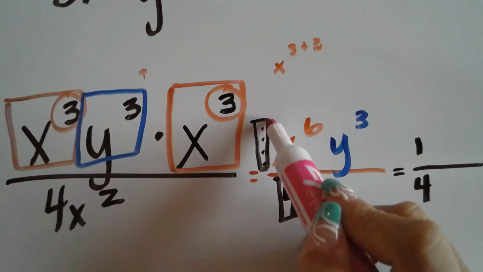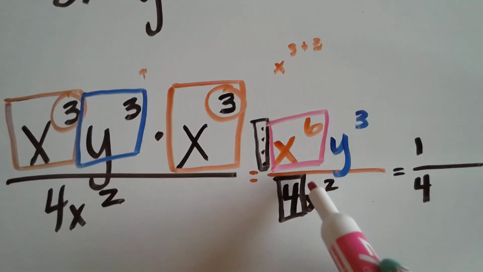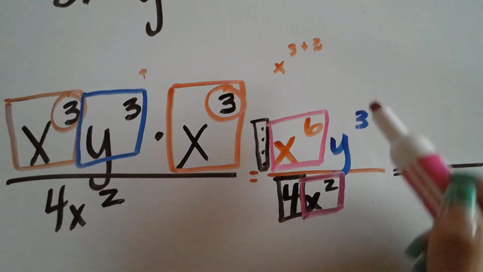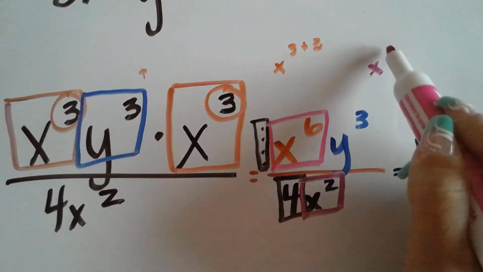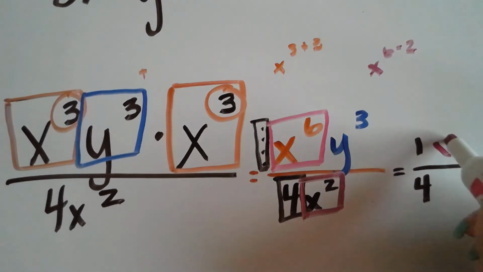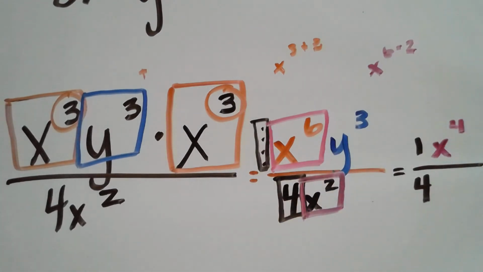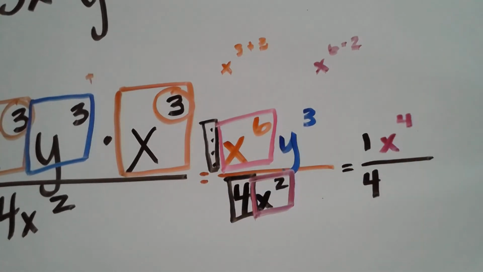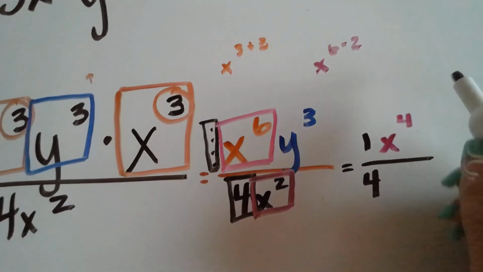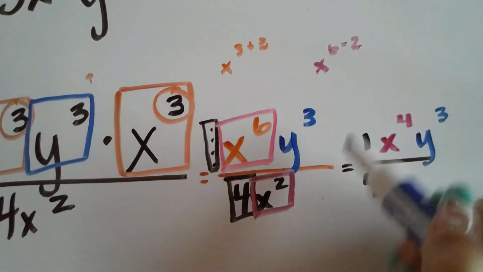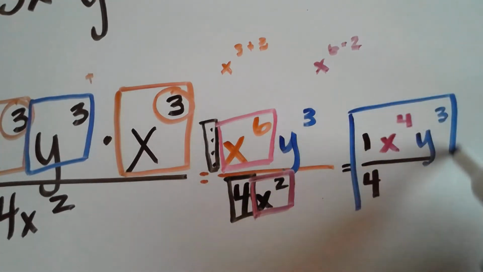We have x to the 6th divided by x squared, and dividing means subtraction, so it's x to the 6th minus 2. So that would leave x to the 4th. And then we have a remaining y to the 3rd. It doesn't combine with anything down here, so we're going to write y to the 3rd here. And that is your answer.